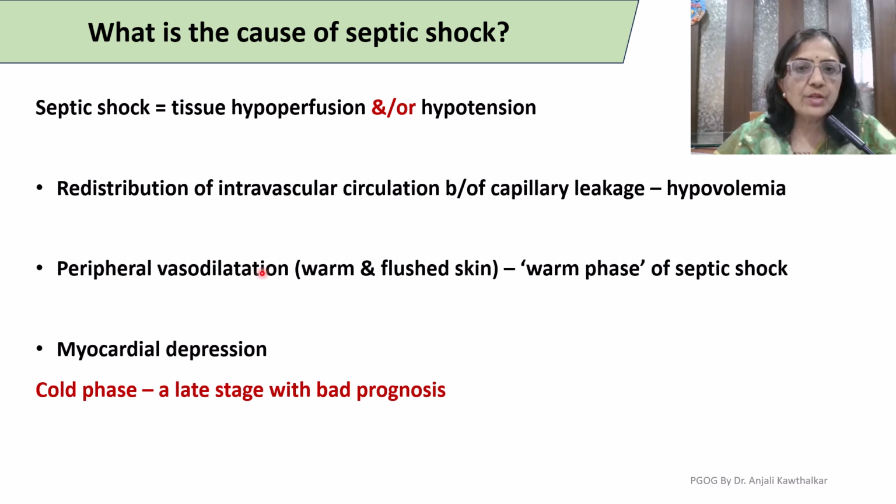So there is a combination of all these: hypovolemia, peripheral vasodilatation, myocardial depression. All this together also can be functioning in the same patient, leading to septic shock. Whenever there is a peripheral vasoconstriction, it indicates late stage of the septic shock, and that is called as a cold phase, which is associated with bad prognosis.